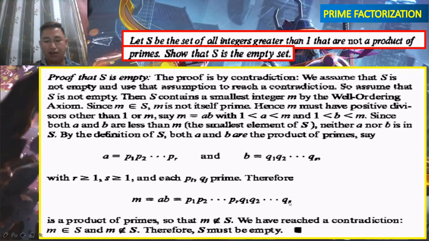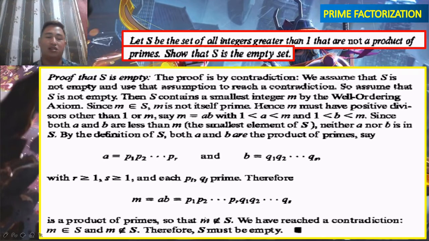Puro man na prime tanan hinuon. So, ang M na equal na mga product of primes. So, M is a product of primes. So that M should not be an element in S. Hala niya, ang M na to kay gisupose sa batani nga element siya sa S, di ba?